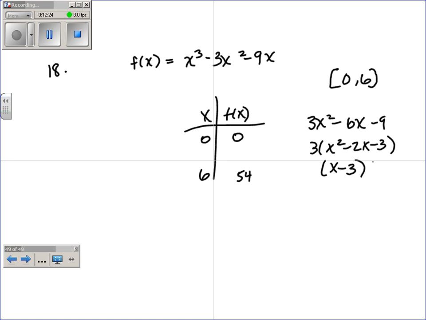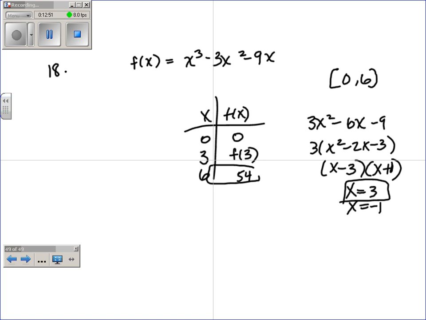So x minus 3 times x plus 1. So you have 3 and negative 1. But this is the only one on your interval, so you plug in your 3 and evaluate it. And then you compare, we're looking for the maximum value. And we end up getting 54. So this ends up being your answer, but you need to check this one also.